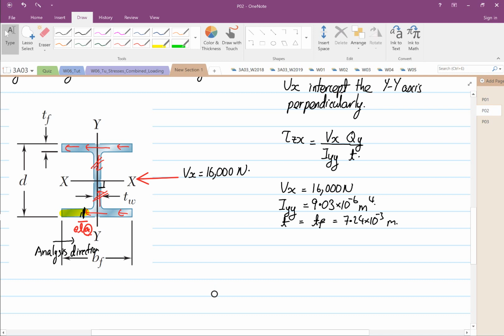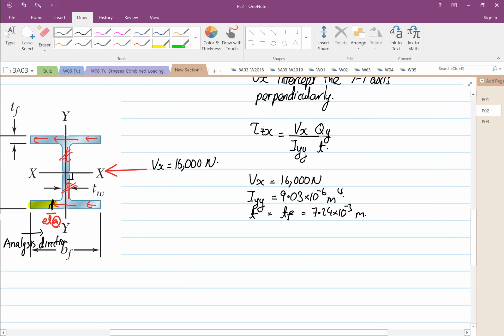So now we're going to do Qy. So first moment of area about the y-axis, so equal to A x bar. So about this axis, right? If this axis is fixed, this axis is the lock-in axis. This direction over here, from here to here, is going to be your x bar. Okay.